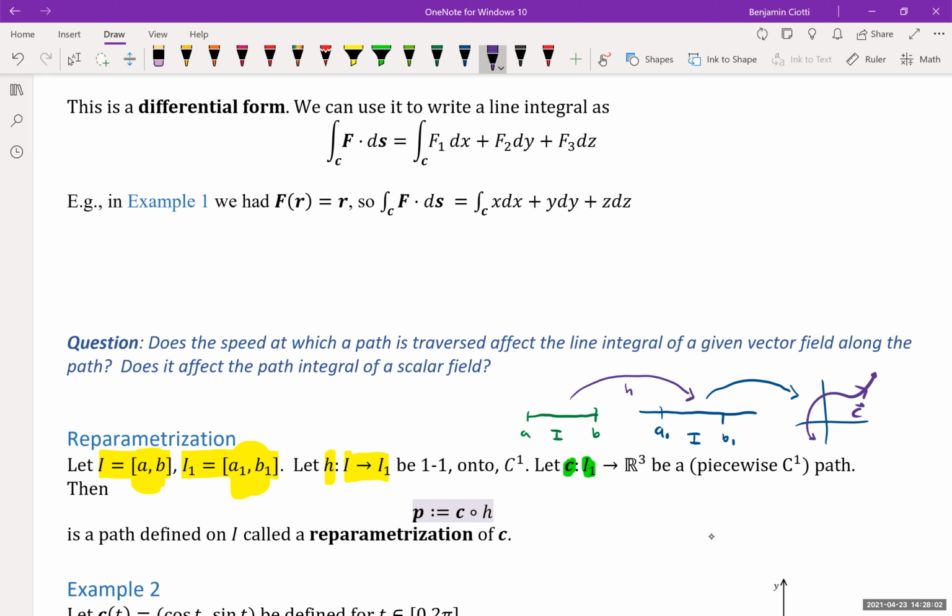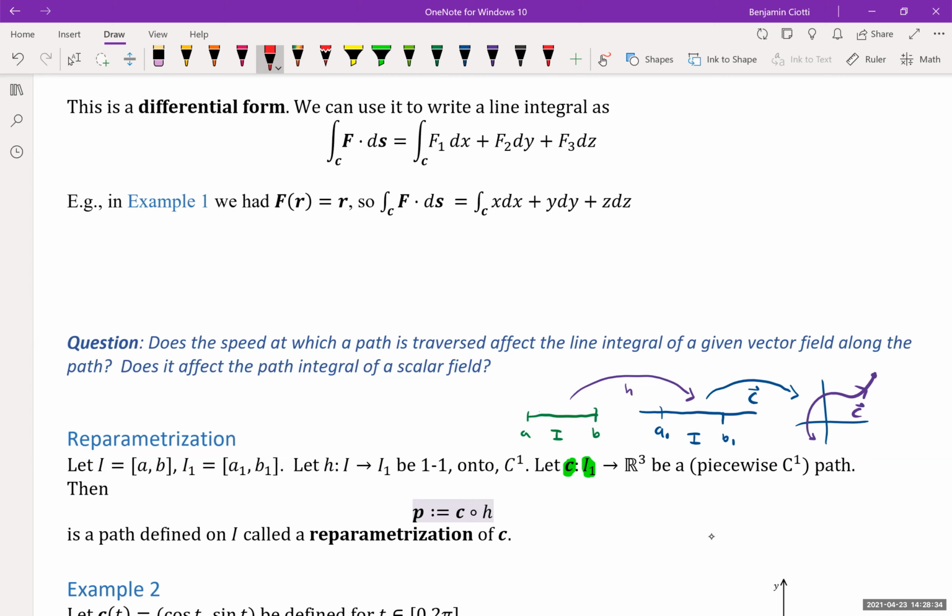Well, you can reparametrize the path C to instead be defined on the first interval I. You can do that by composing it with this function H. So if we define a new function P as the composition of C with H, that gives us a new path.